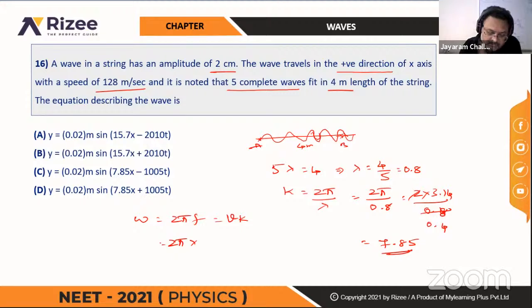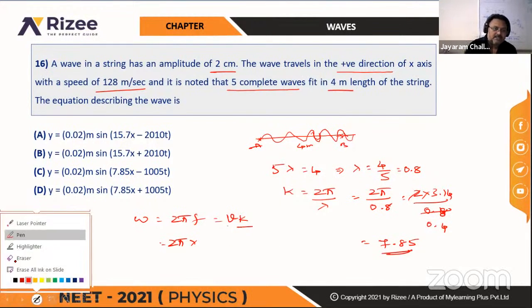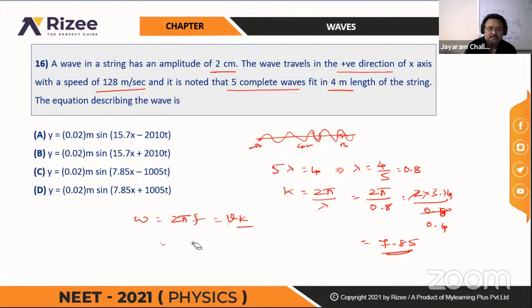So you can substitute, or you can find the frequency independently. In this case, the velocity is 128 and k is 7 point something. So let us replace those two.